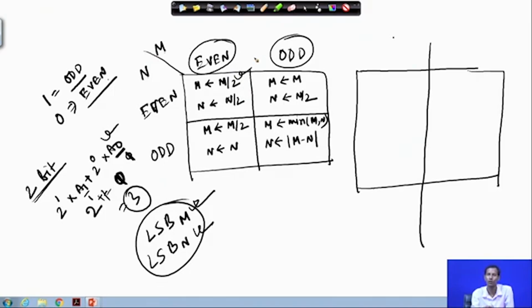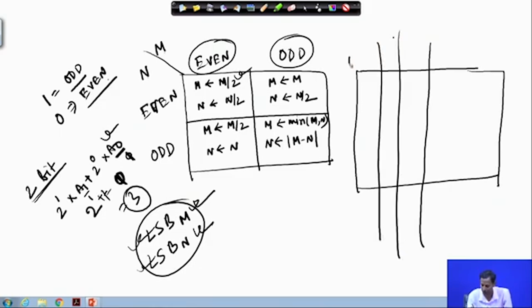This will indicate whether m is even or m is odd. So, this will be the control signal which will produce the corresponding functionality changes in each cycle. So, I require this initial signal, LSB of m and LSB of n.